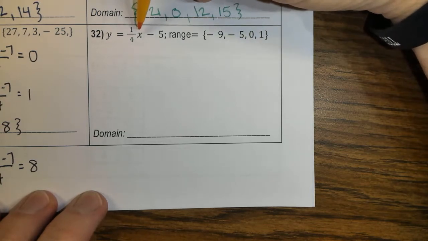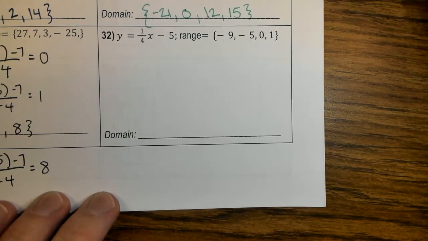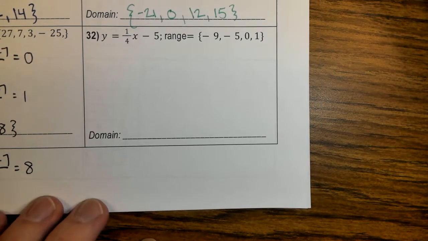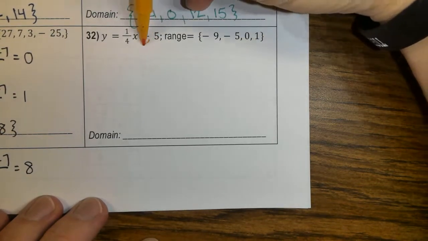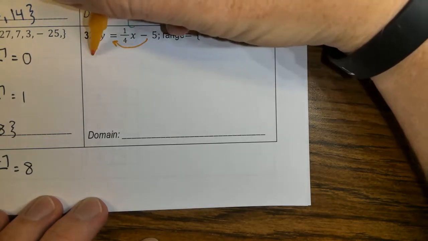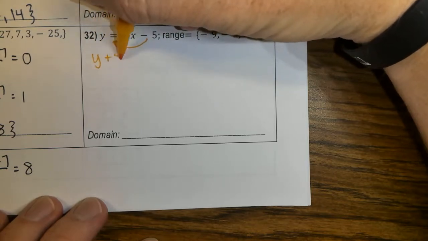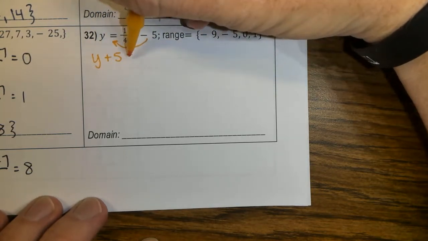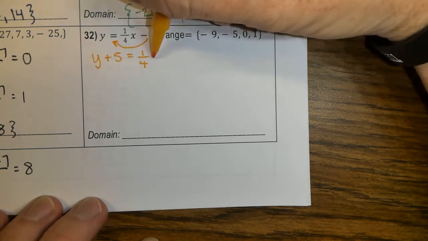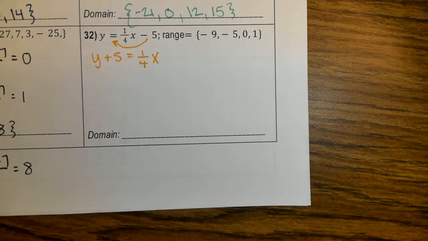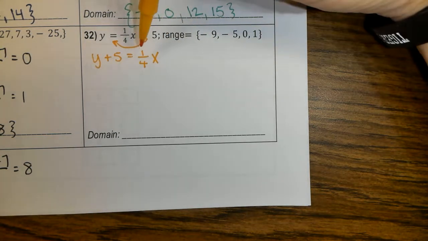So I still want to solve for x. I'm still going to do the same thing that I did on 31 and 26. I have to move this number away from x to the other side. So I have y plus 5, because minus goes to plus, right? And now I would divide by a fraction.